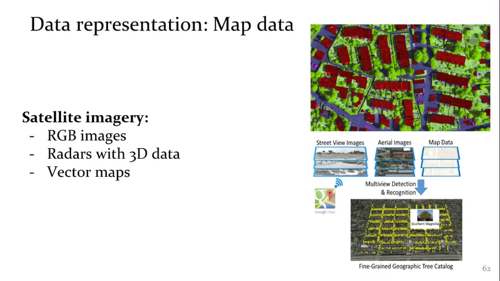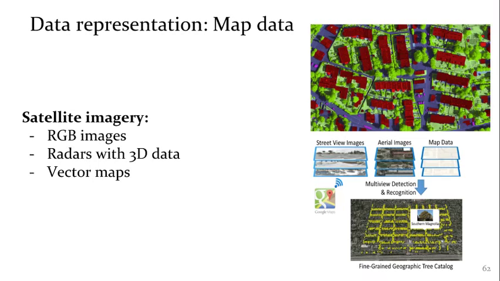Okay, and then map data. It's huge. There are also different ways to work with it. Maybe you can have just pictures of the globe. Fine, that's relatively easy. It's an RGB image. Maybe that's Google Street View images as well, or aerial satellite images. But you can also have imagery with 3D data. So instead of just capturing an image, you capture a map with a lot of information.